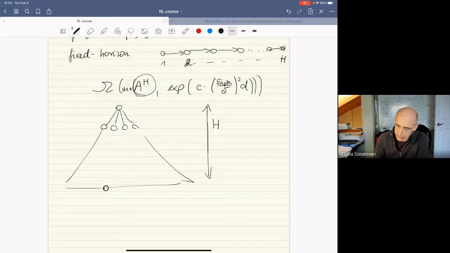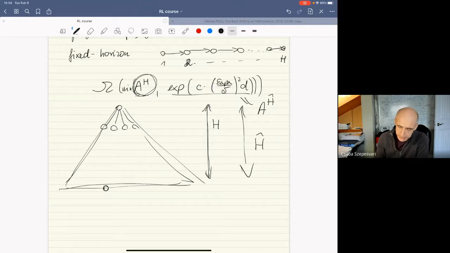And if this is a bigger quantity than this, then you solve the equation that this is equal to A to the power of h hat, and then you set the depth to h hat, because then you construct this A-ary tree with deterministic dynamics.